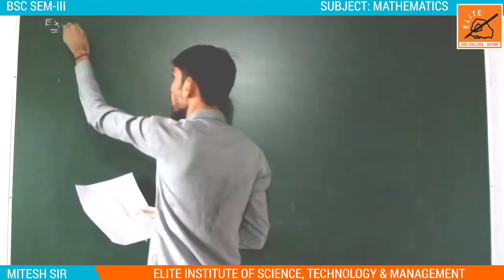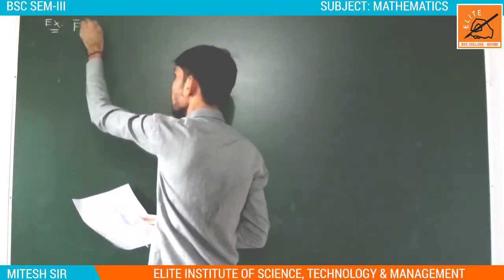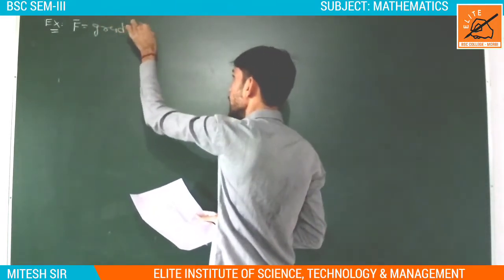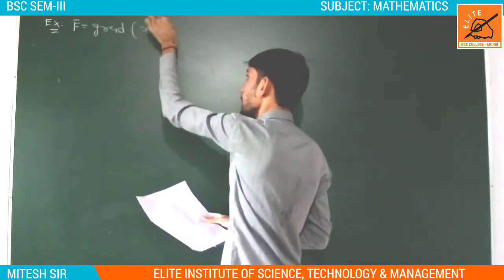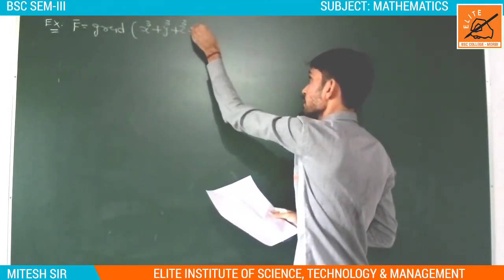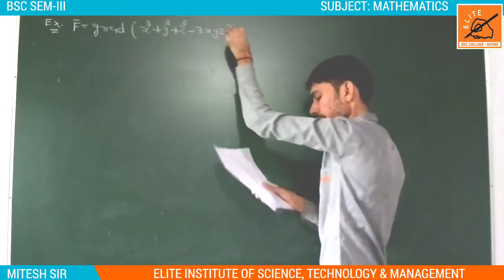Next example is we have given vector function f bar is equal to gradient of x cube plus y cube plus z cube minus 3xyz.